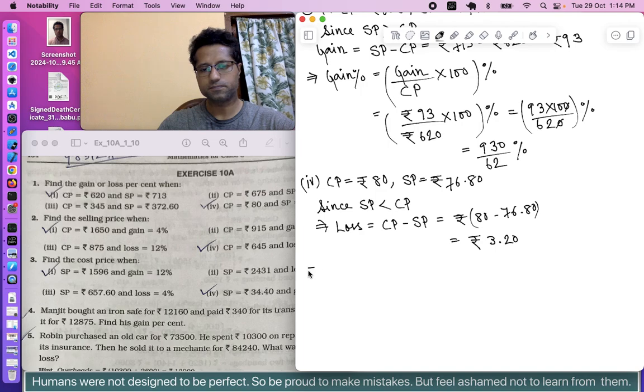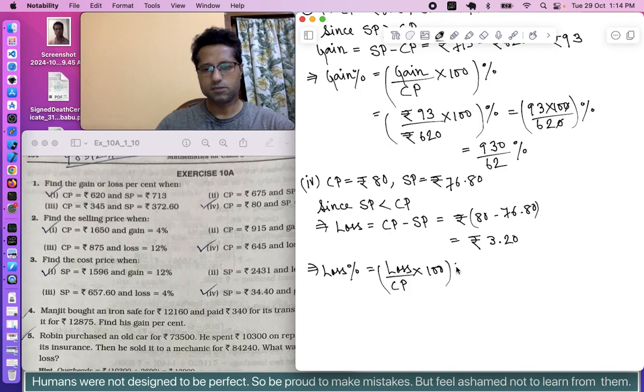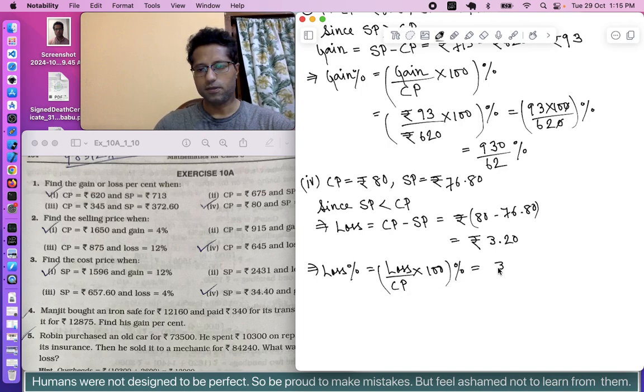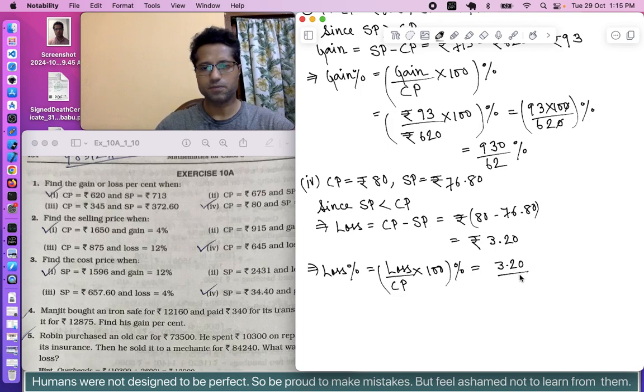This implies loss percent is equal to loss divided by cost price multiplied by 100, this much percentage. This is equal to 3.20 divided by cost price 80 multiplied by 100, this much percentage.